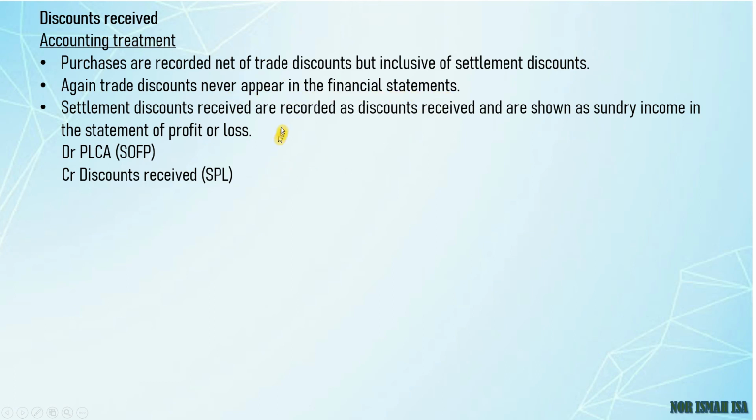So settlement discount received is recorded as discount received, and is shown as sundry income in the statement of profit or loss. So the amount that we record includes the settlement discount, and this discount received should go to the statement of profit or loss as sundry income. So this is the entry for the discount received. You already learned before. You will debit purchase ledger, payable ledger control account, and credit discount received.